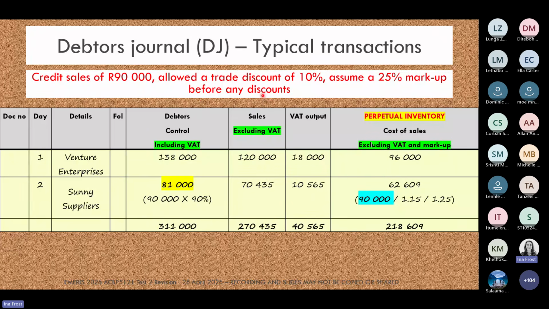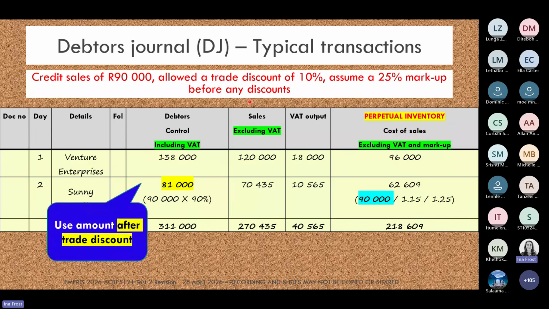And by discounts here, I mean trade discounts. So in your debtors control column or your creditors control column, we're always going to record the sale or the purchase after the trade discount. But when we work out the cost of sale, we go back to the price before the discount.